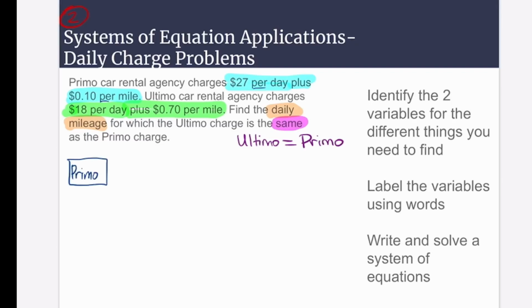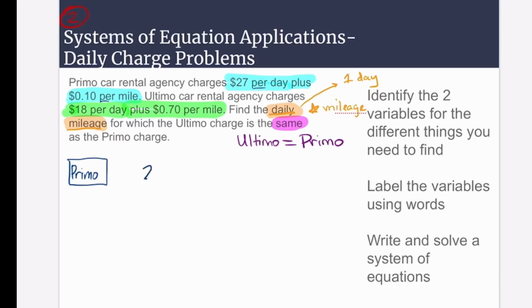The tricky part here is they're asking for the daily mileage. That is your variable. The mileage is what you're looking for, and it's telling you daily, so you're only doing it for one day. It doesn't matter how much it costs. Well, it does matter, but we're not multiplying that 27 by anything.